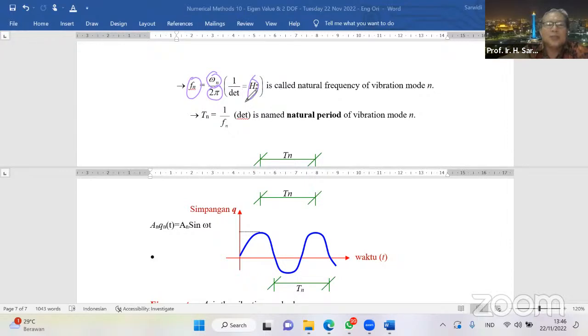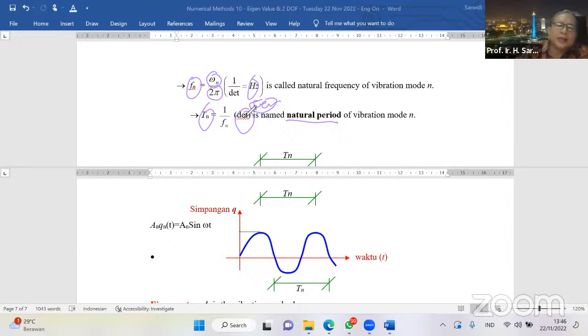Hertz means per second. So the natural period of a mode, for example n equals 1, 2, 3 of the building, is the reciprocal of Fn, just the opposite of Fn. So 1 divided by Fn gives seconds.